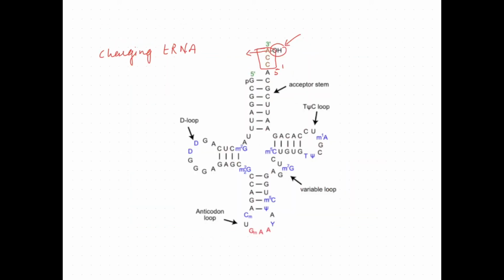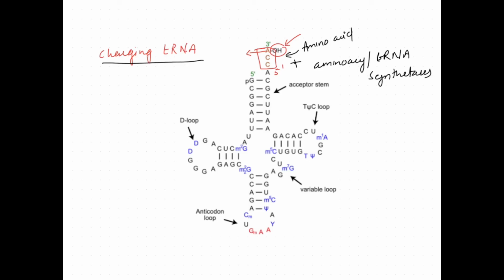Charging of tRNA means binding of an amino acid to the amino acid acceptor arm. This binding is catalyzed by an enzyme, that is amino acyl tRNA synthetase. This group of enzymes controls or catalyzes the process of charging of tRNA.